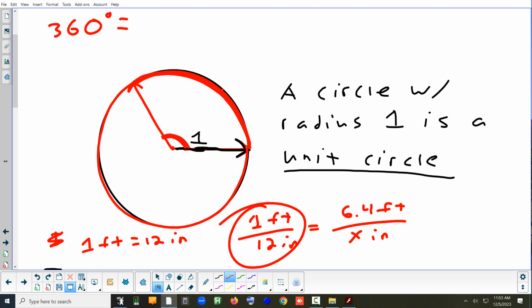So how do you find the circumference of a circle? Circumference is 2 pi r. And specifically, we're dealing with a circle that has a radius of what? 1. So what's 2 pi times 1? 2 pi. So the circumference of that circle is 2 pi.